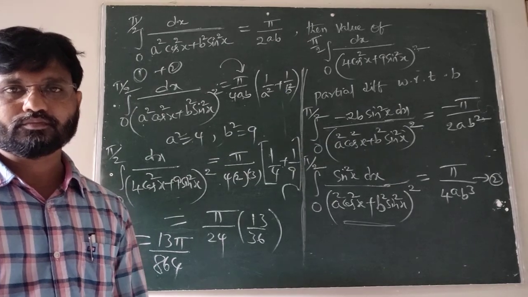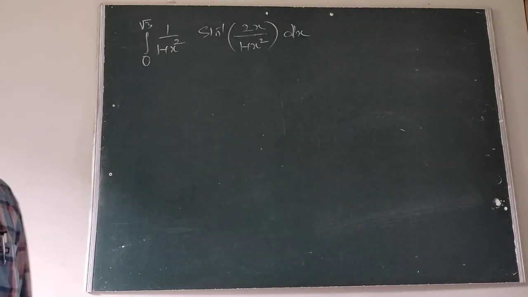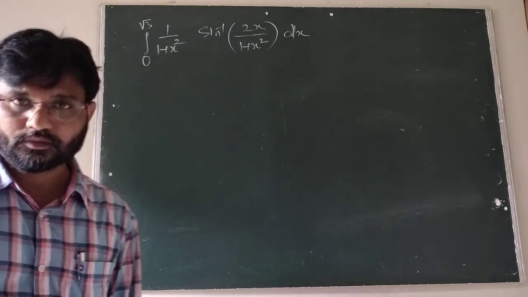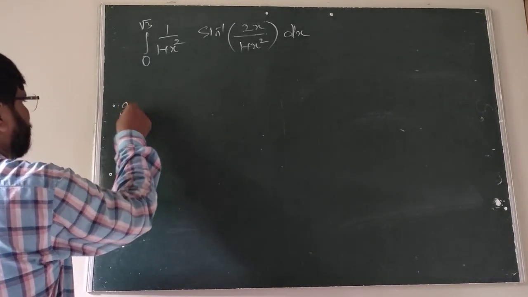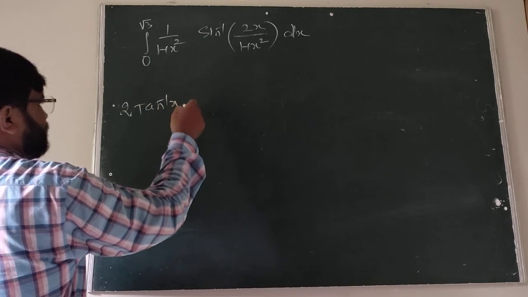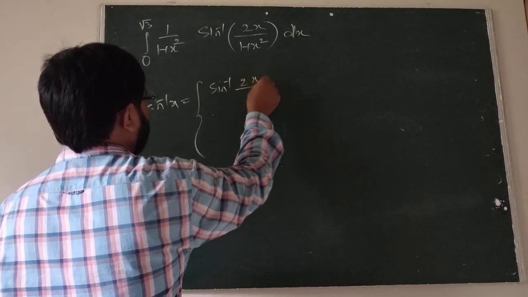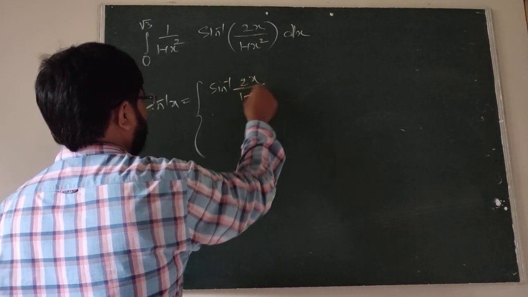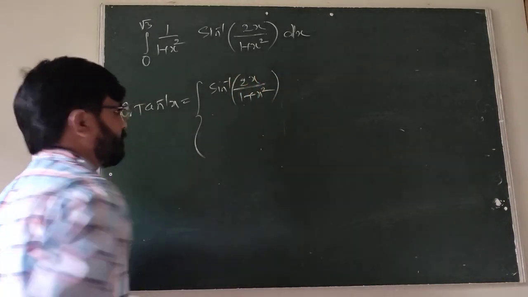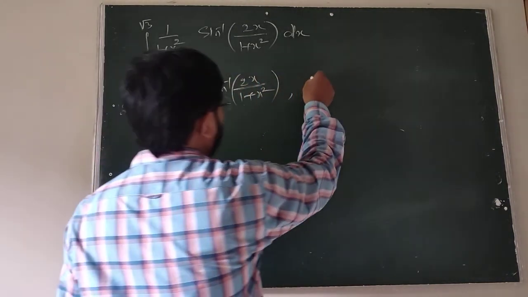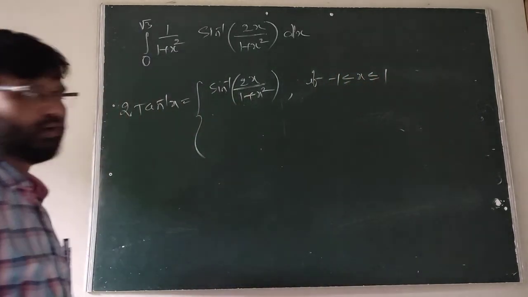Okay? Start. Here, the integral from 0 to 3 of 1 by 1 plus x square into sin inverse of 2x by 1 plus x square, dx. All of you listen here. The formula is: 2 tan inverse x equals sin inverse of 2x by 1 plus x square, if minus 1 is less than or equal to x, less than or equal to 1.